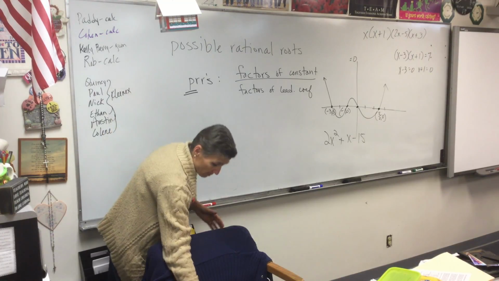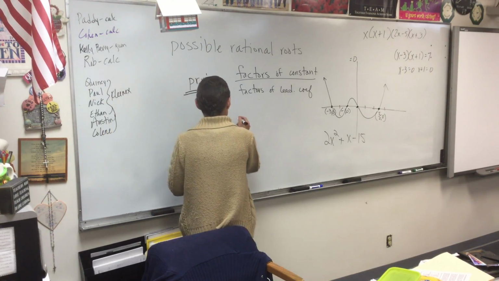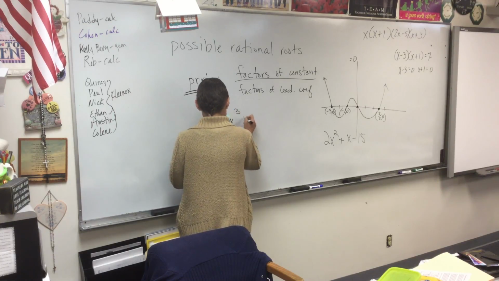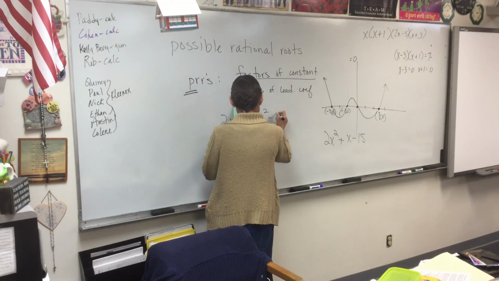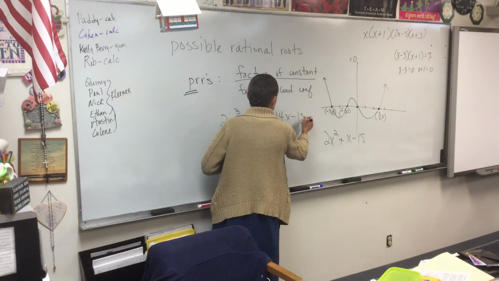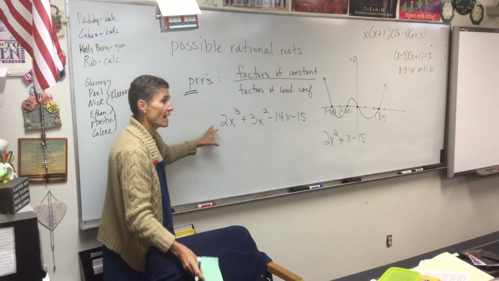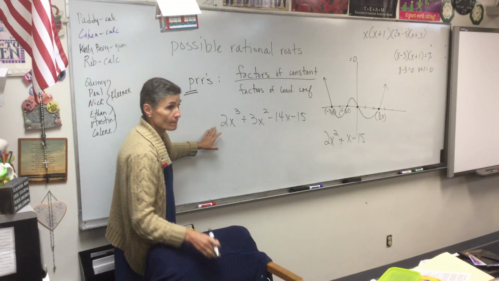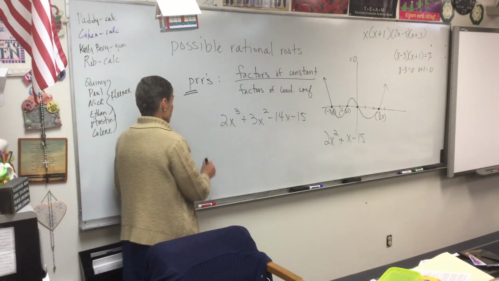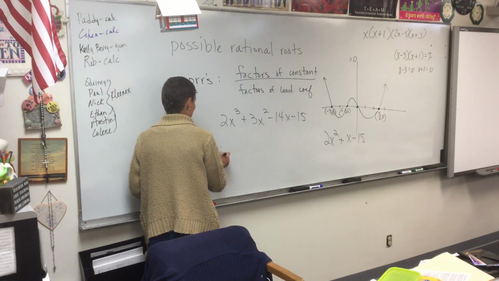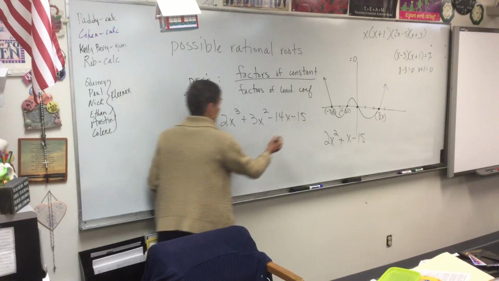So for this problem, once we got the x factored out, I erased this, so I'll rewrite it. Once we got the x factored out, this is the problem that we were left with. This is the problem that we had to guess. Now, your PRRs for this problem would be factors of the constant.